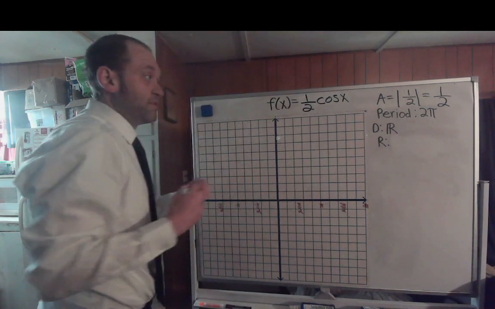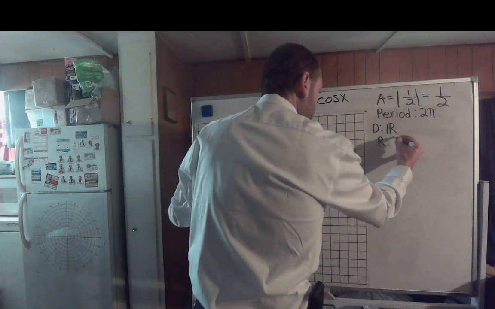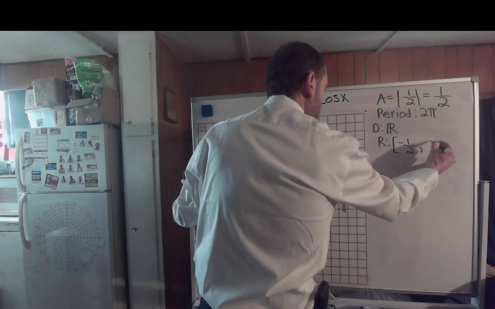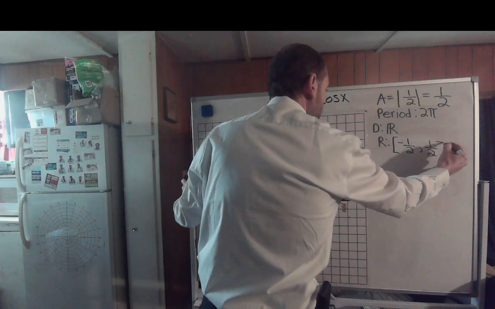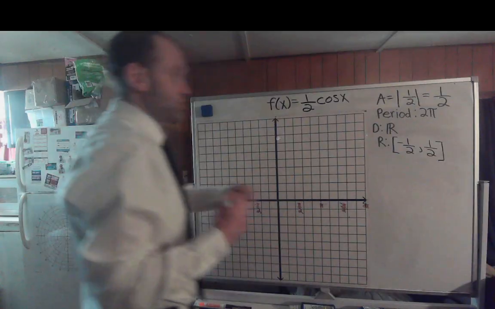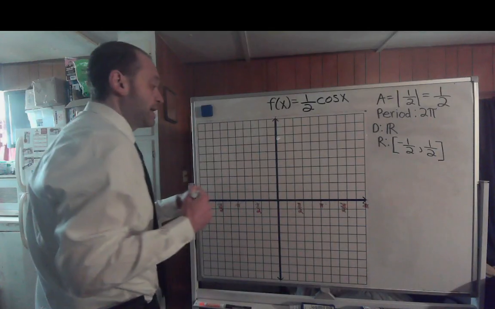Which that also affects your range. You take that 1/2, multiply it by your normal range, you'll end up getting a range from -1/2 inclusive to +1/2 inclusive. So your range is actually shrunk. Your domain hasn't changed. It's still all real numbers. You still have a period of 2 pi.